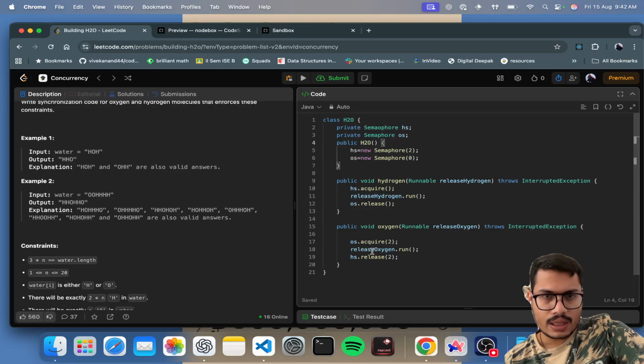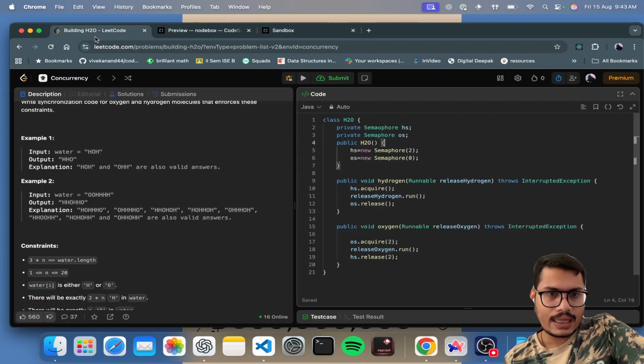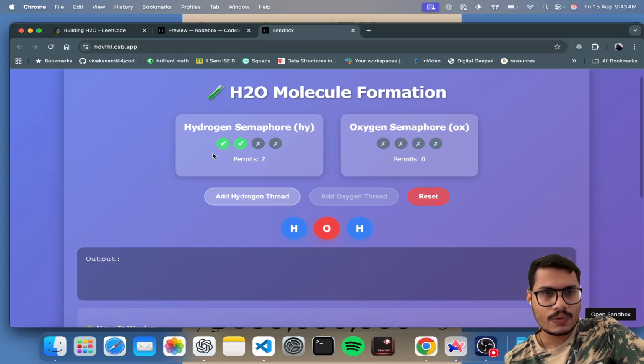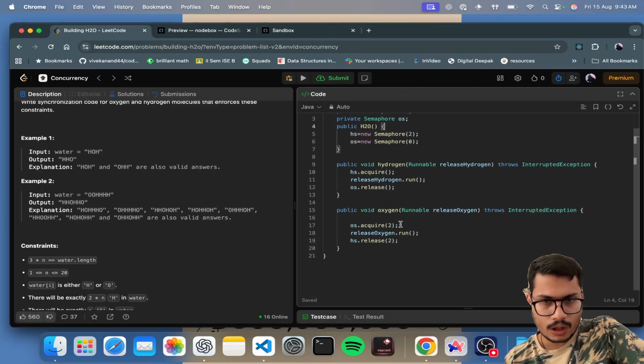So I have made a visualized form of the solution. I'll just share it with you. It's the same thing. The initial configuration states that I have two hydrogen semaphore permits and zero oxygen semaphore permits. Here the oxygen thread will be blocked because I need the counter to be two.